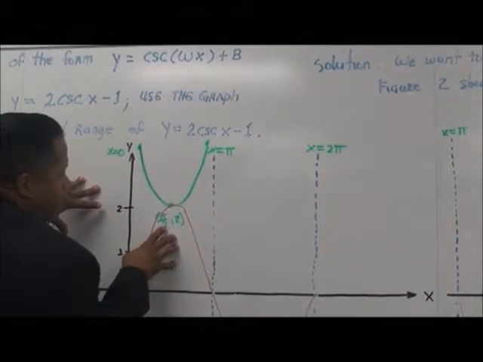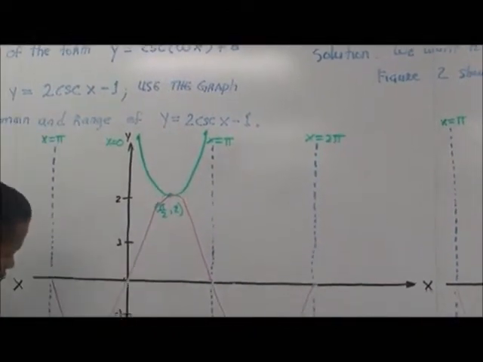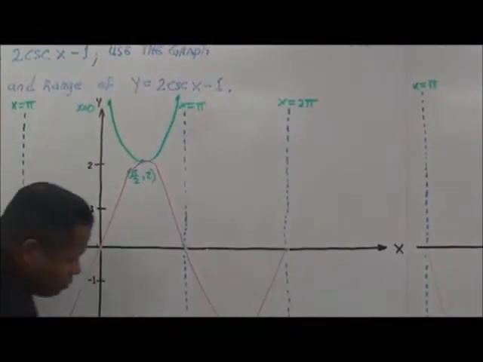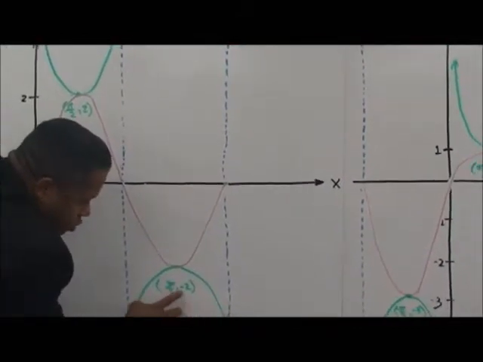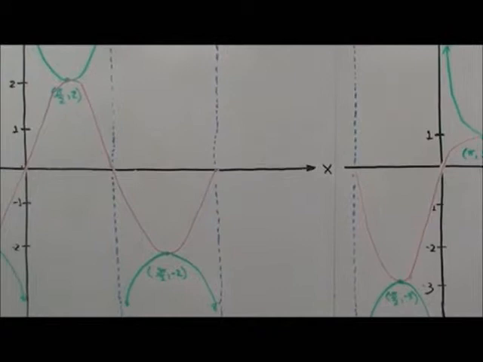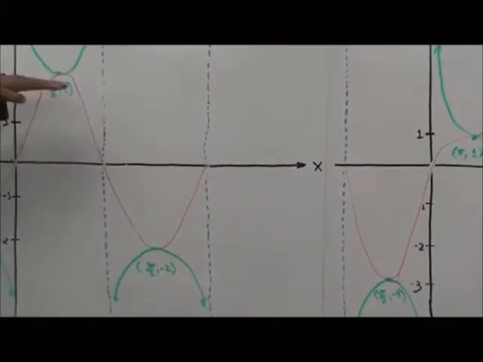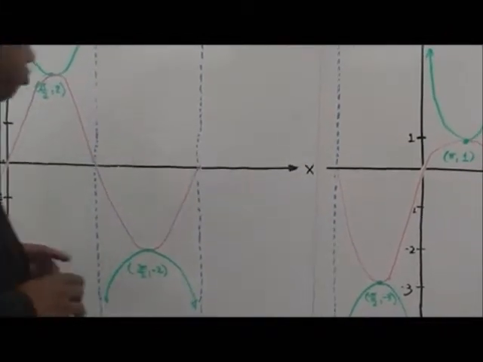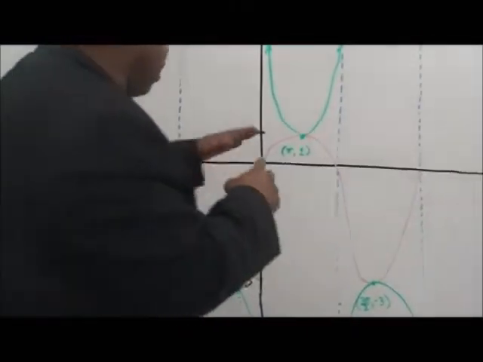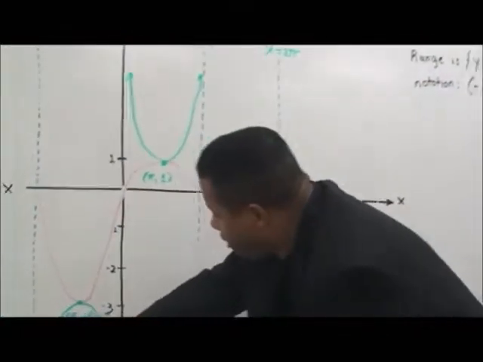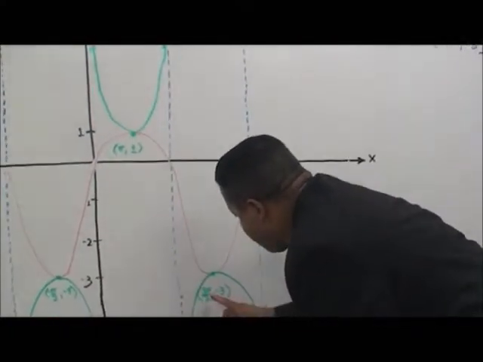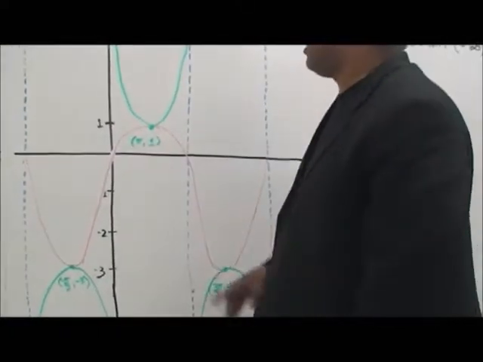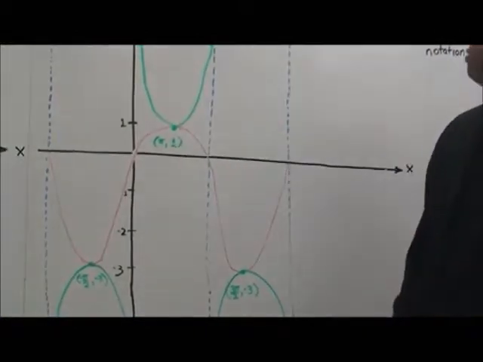So now you've got pi over 2 and 2, you have -pi over 2 and -2, and of course you have 3 pi over 2 and negative 2. So we have these points here and this point here. And of course, when you subtract 1 unit, here we go again, we have negative pi over 2 and negative 3, and 3 pi over 2 and negative 3, and of course, pi and positive 1.